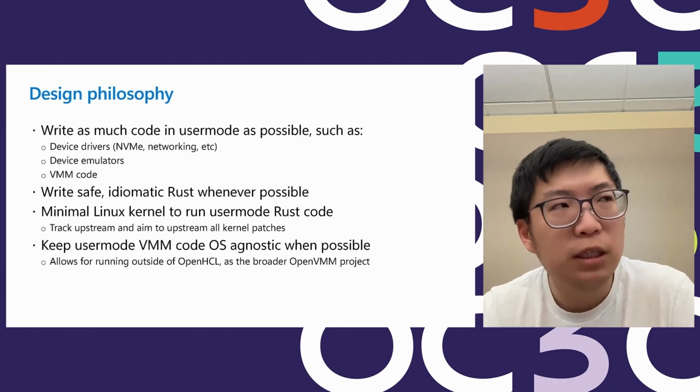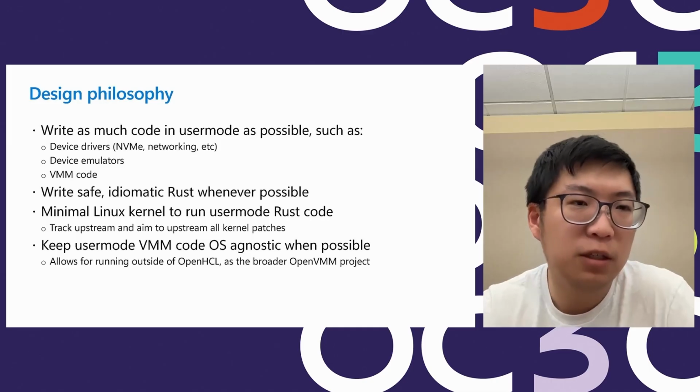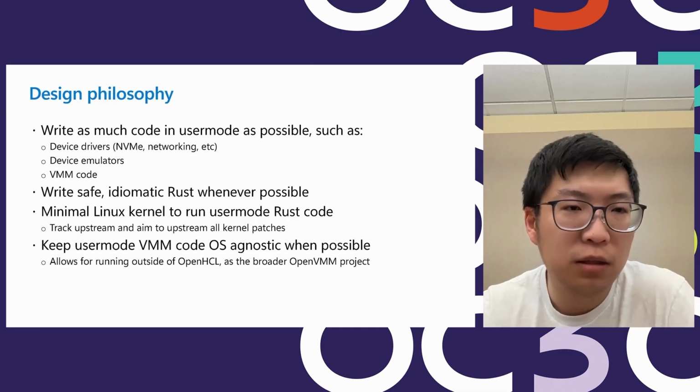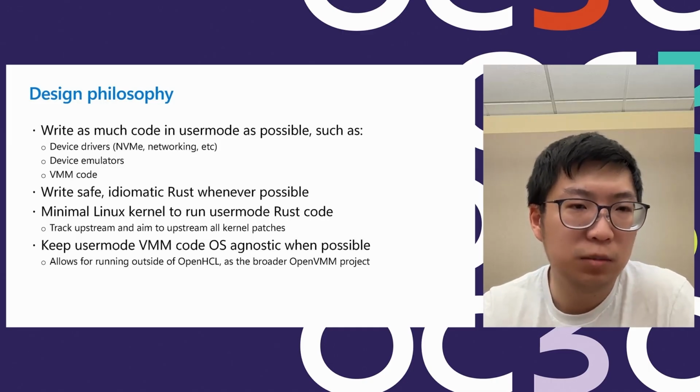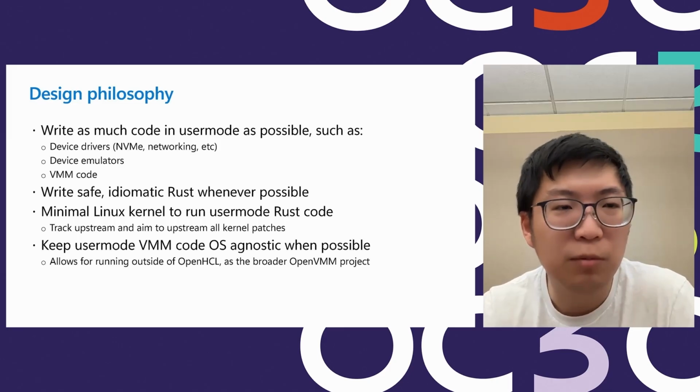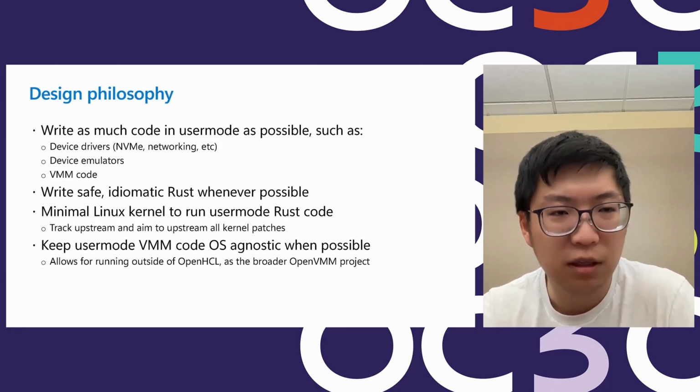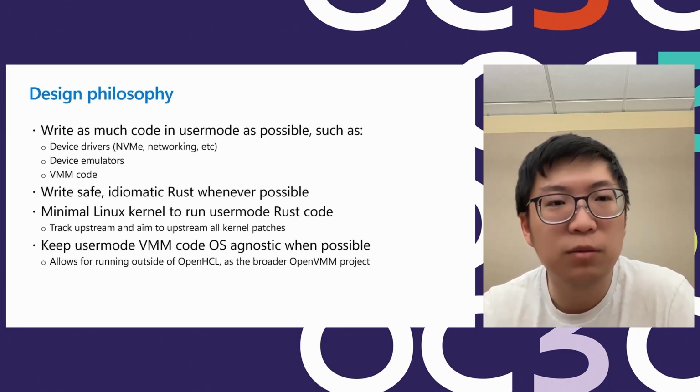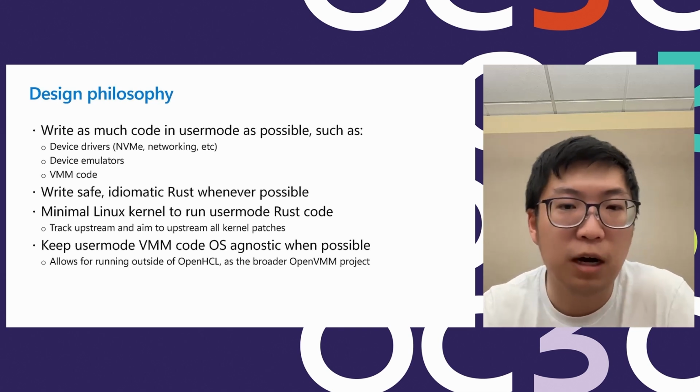And so we want to really keep that flexibility open, right? We want to keep ourselves honest so that we're not too tied to a specific operating system and really able to run all this user mode code in these different environments.